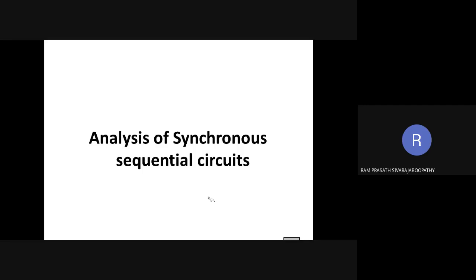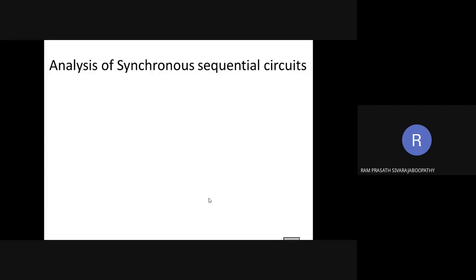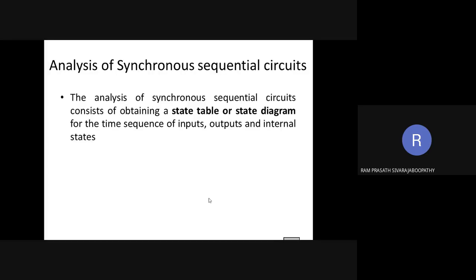Fine. So now we will go through the procedure to analyze the synchronous sequential circuit. The analysis of a synchronous sequential circuit consists of obtaining a state table or state diagram. We will explain what is meant by state table and state diagram. Like the truth table in a combinational circuit, here in a synchronous sequential circuit you will have a state table or state diagram.